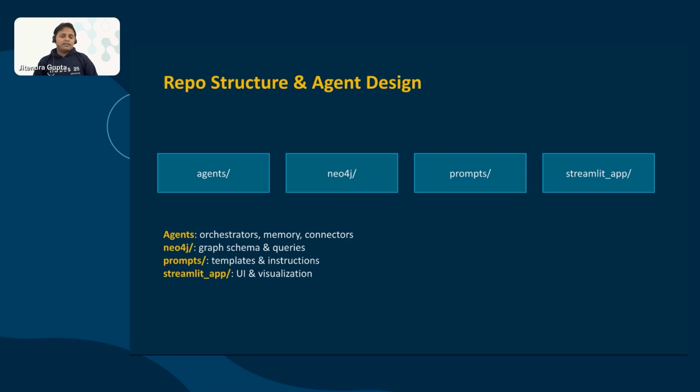There can be another folder where you have the graph schema and queries, and then you have the prompts folder, which is going to maintain those templates and instructions, the system instructions and the user instructions as well. And for the UI perspective, you can either have a Streamlit application or maybe even better UI frameworks that can be used for deployments. This is a very basic structure that we follow for any of these application creations.